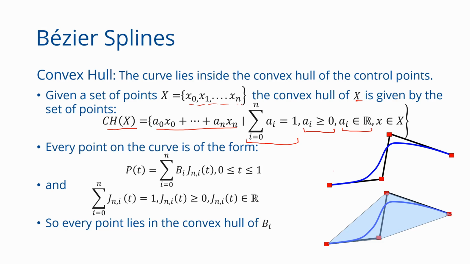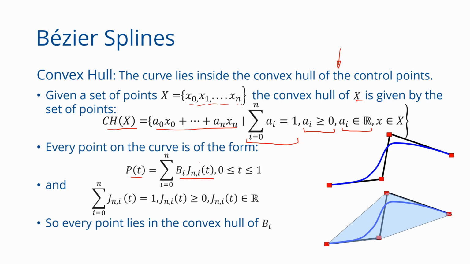Given the definition of a convex hull, it is trivial to prove that this property is satisfied. Why? Well, just by simple construction, you can see that a Bezier curve is defined as the summation of Bi into J n i of t, with i going from 0 to n.